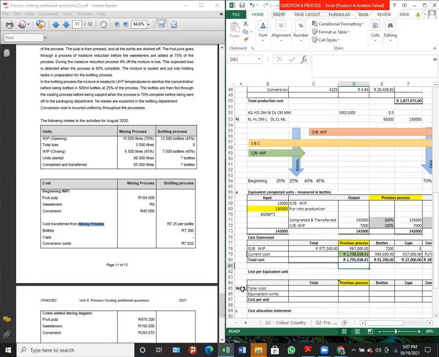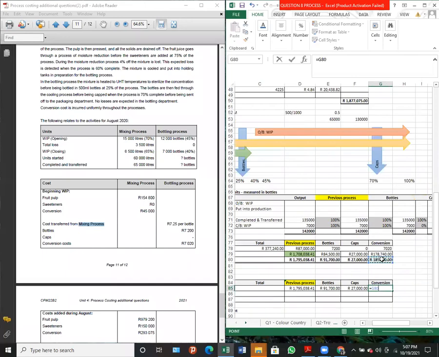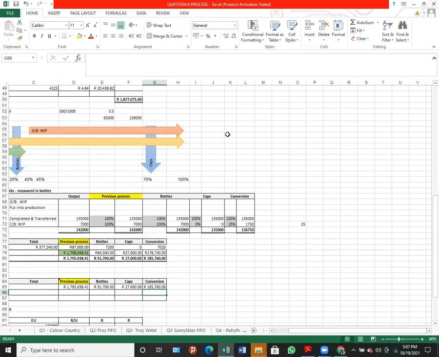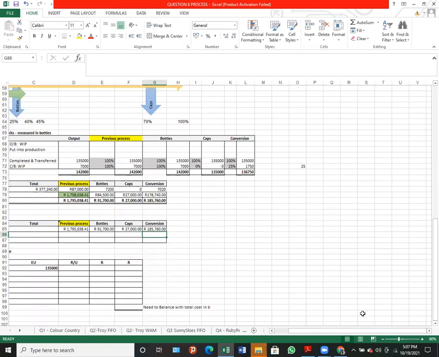Now, guys, we are going to use the weighted average method, ne? The weighted average method is this. Let me maximize my screen. Guys, we are left with 10 minutes.